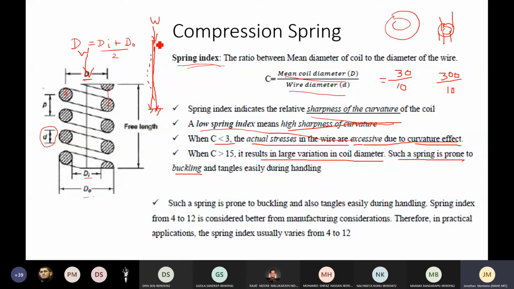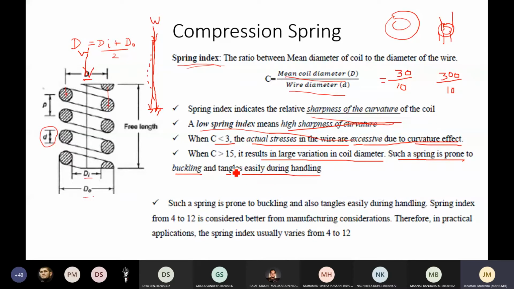If there is more weight on top of the flagpole, then it will start to buckle. Similarly, if the wire is very thin compared to the coil, then it is prone to buckling and tangles easily during handling.